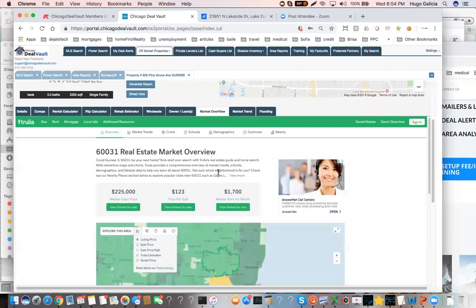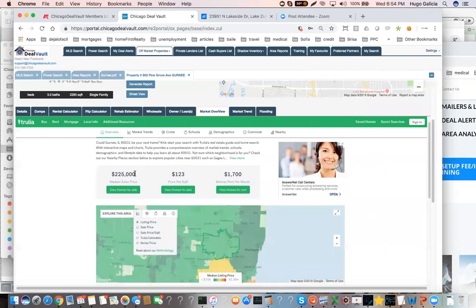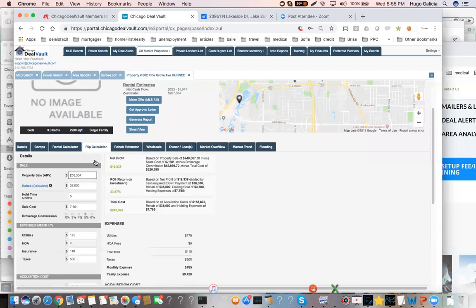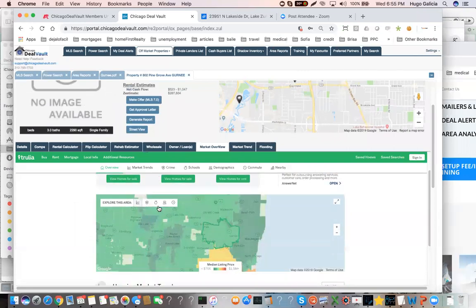And then when we look at the market overview, this sort of reinforces what the rental market is in Gurnee. So for this property that we're looking at, obviously it's a little bit on the high end because of the size of the property. So that is why the ARV of 253 is greater than the 225 median, okay?